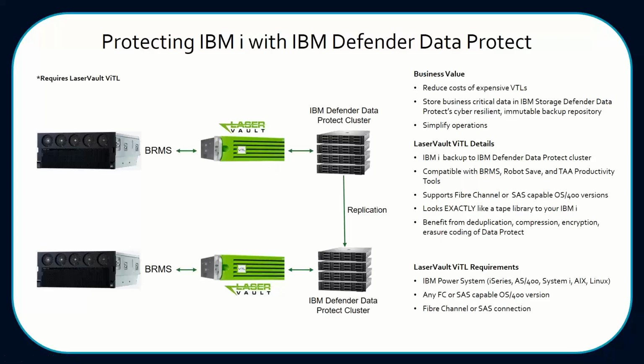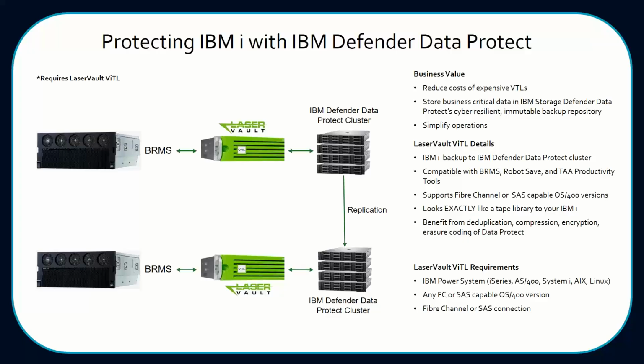One of our newest technology partners, besides the technology partnerships we have with Rubrik and Cohesity and others, is IBM Defender Data Protect. This solution can be used to write your backups using our gateway process or gateway appliance to write that data directly to IBM's Data Protect cluster.